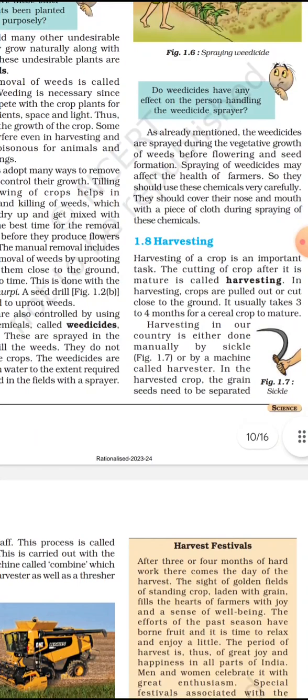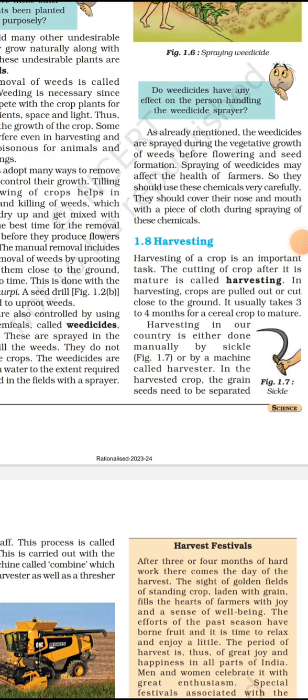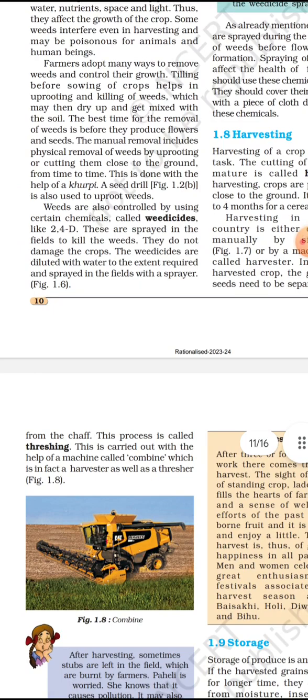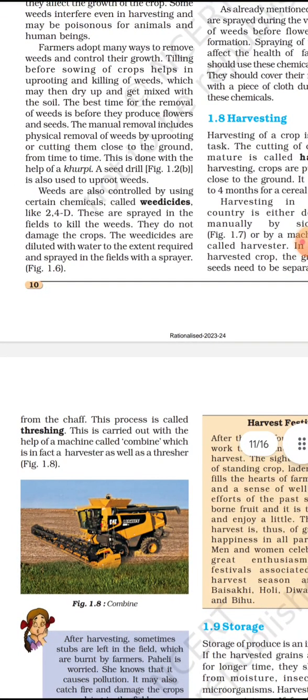Harvesting is done by a sickle, as you can see here, or by machines called a combine or harvester. In harvesting, grain seeds need to be separated from chaff. This process is known as threshing.